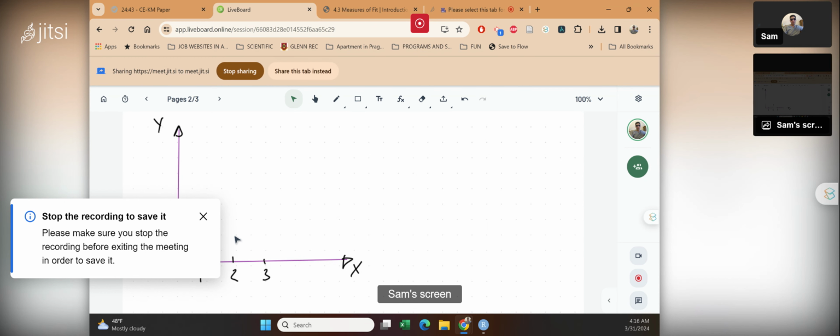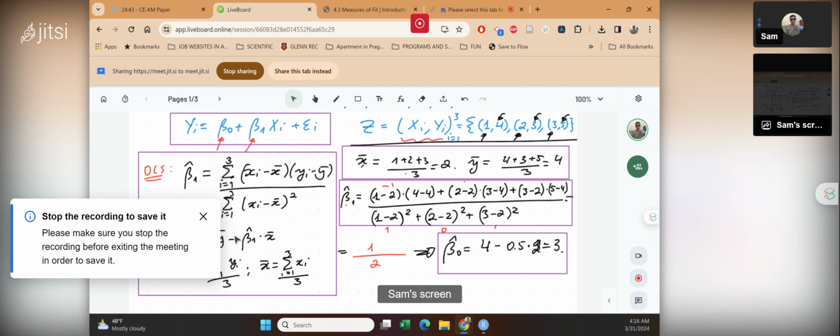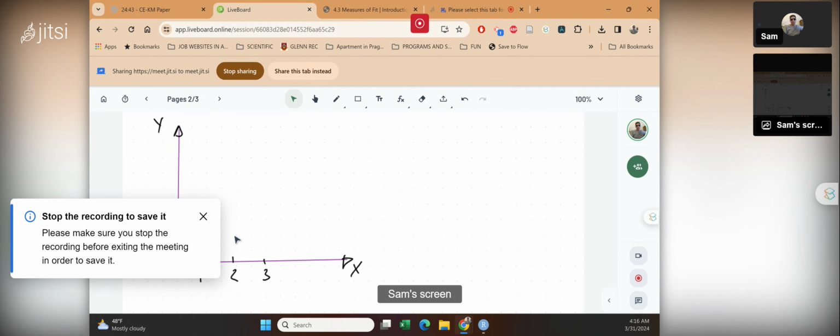So the first value of x corresponds to the y coordinate, which is equal to 4, right? So we say 1, 2, 3, 1, 2, 3, 4. So this is 4. And then for 2 you got 3.